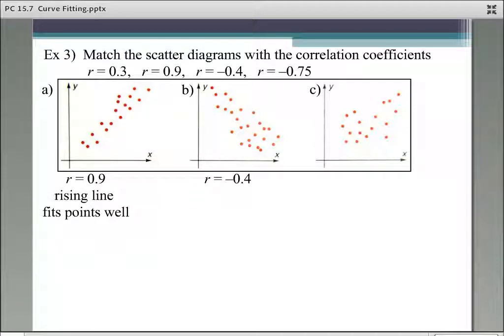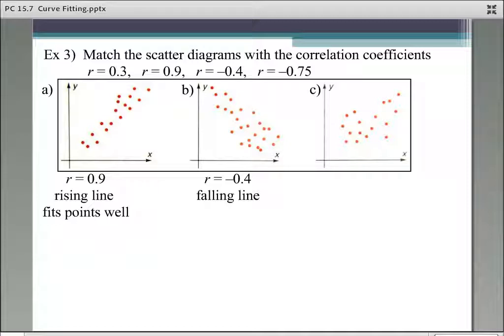This second one is a negative 0.4. It is a falling line, so it's definitely negative. Between negative 0.4 and negative 0.75, I know it's not super easy, but there are a lot of points that are not on what I would consider the line of best fit.